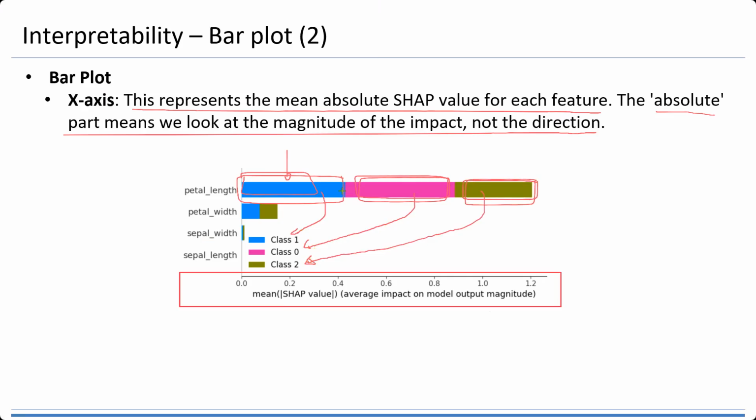The higher value means the impact is high. The low value, the impact is low. If you see this one, the impact is low because the SHAP value is lower than this one. The sepal length, I think this is the lowest one because there is nothing here.